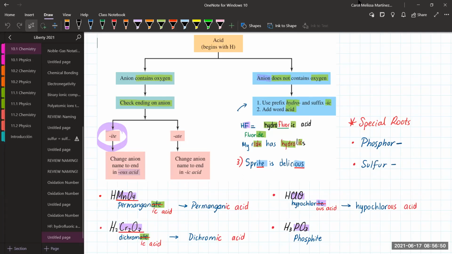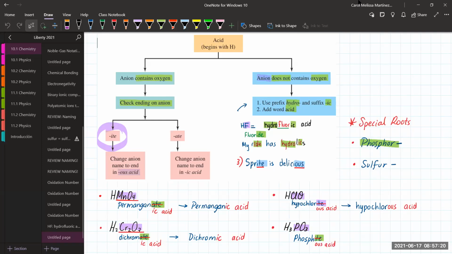So here, because we're talking about phosphite and phosphite has phosphorus, we're going to use the special root for phosphorus, that is phosphor, okay? Now, see the ending? The ending is ITE. ITE, Sprite is delicious. You're going to replace it by O's and of course the word acid.